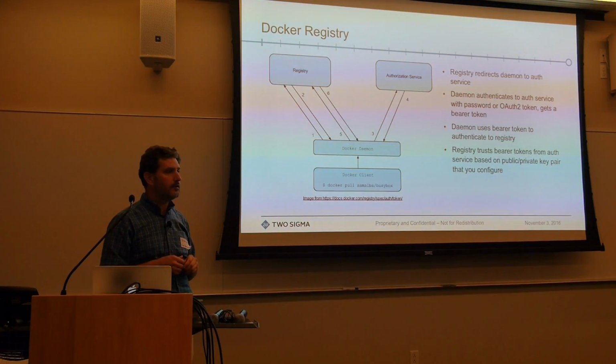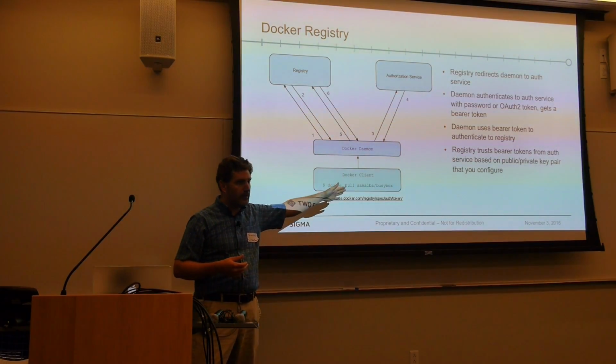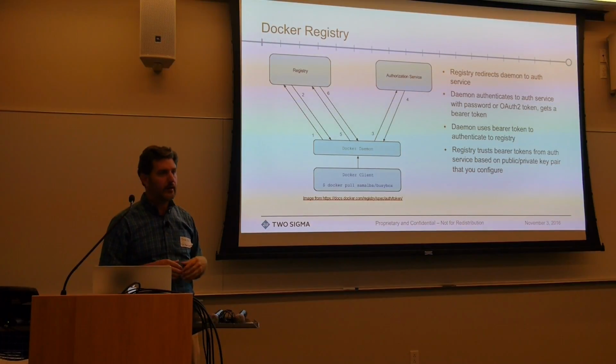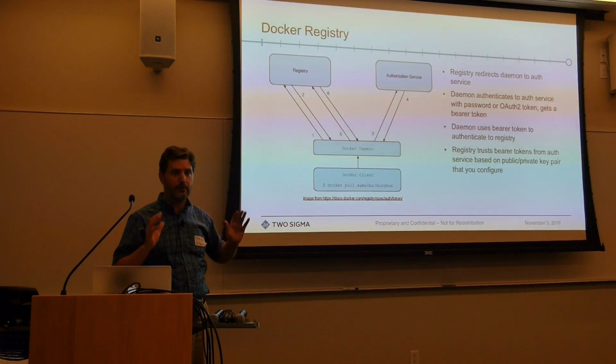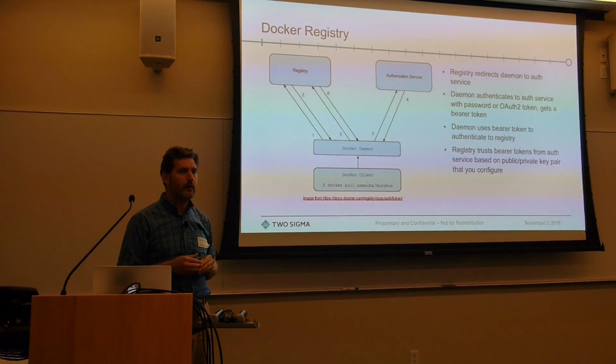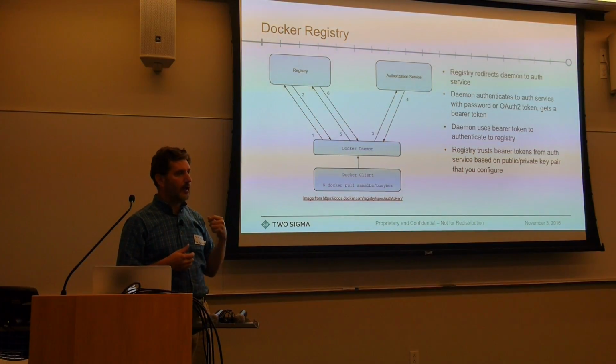The auth service then looks at the operation you've asked to perform. So in this case, maybe this pull of this given image. And it's entirely up to you, of course, because this is a service you're running, to decide whether or not that action is allowed. Either way, it generates a token and returns it.